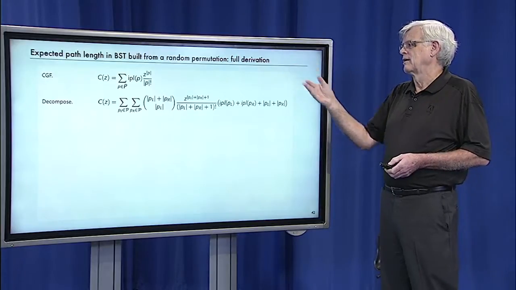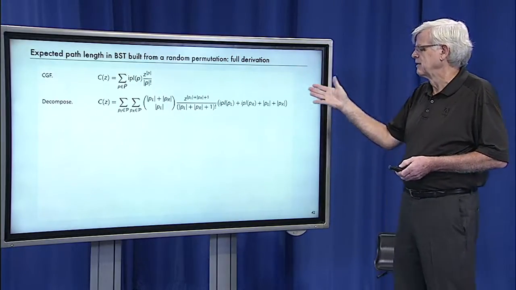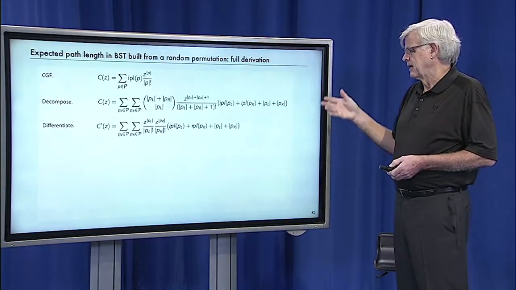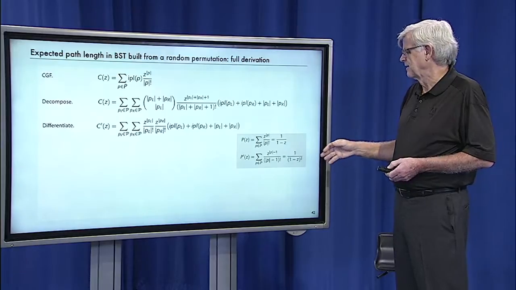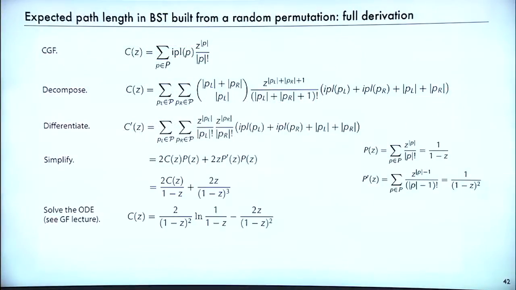Start with the definitional equation for the cumulative generating function, substitute in the construction or the decomposition, differentiate to simplify, substitute to get further simplification, and that is a generating function that has the solution 2 over (1 minus z) squared log of 1 over (1 minus z) minus 2 over (1 minus z) squared.